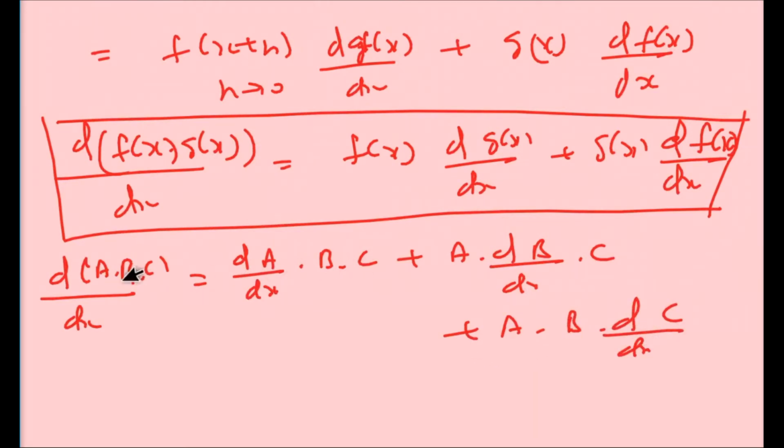This way you can use the formula for four functions also, a, b, c, d: first differential into second and third, plus first into differential of second and third, plus first into second differential of third, and so on. You can use this formula for more functions also.